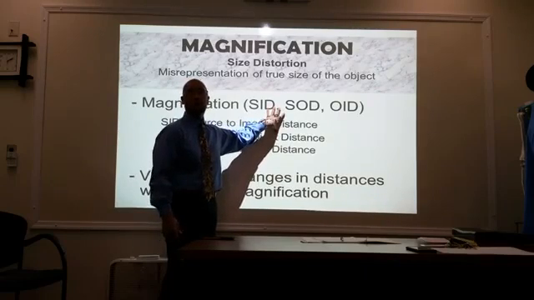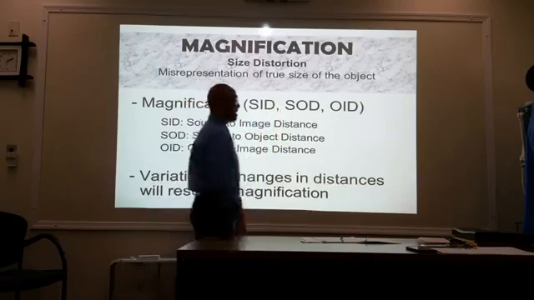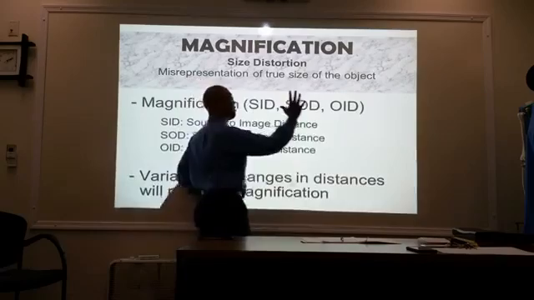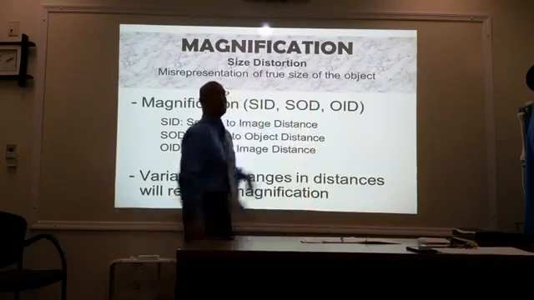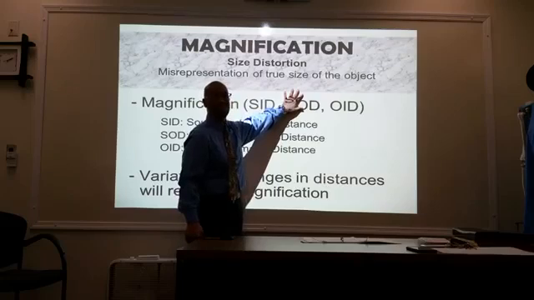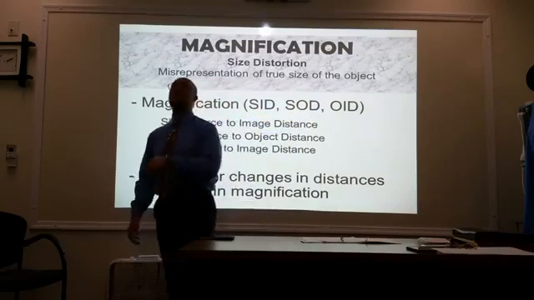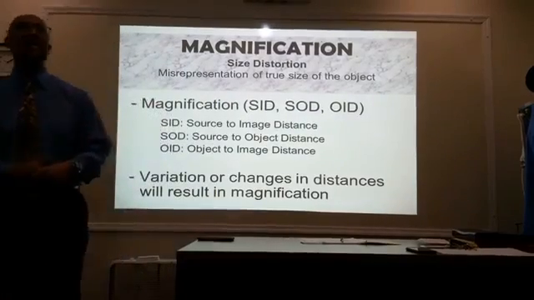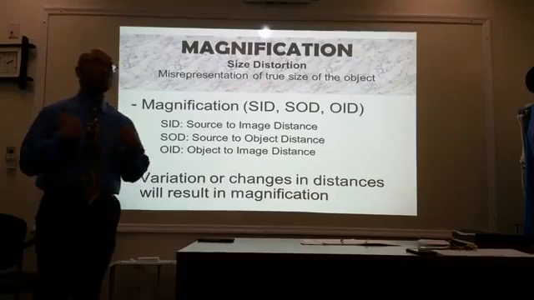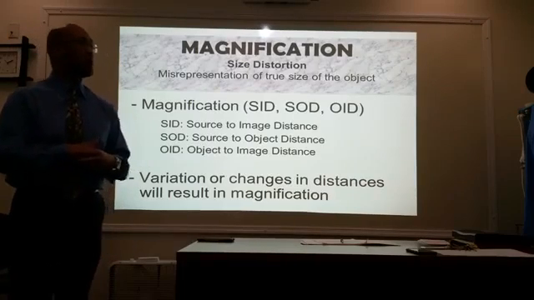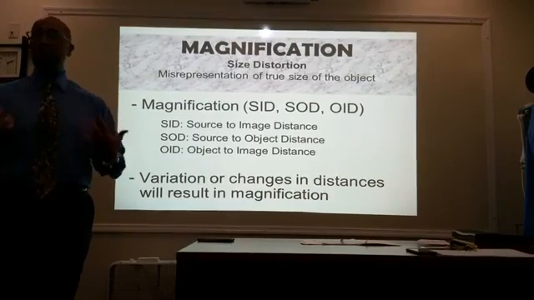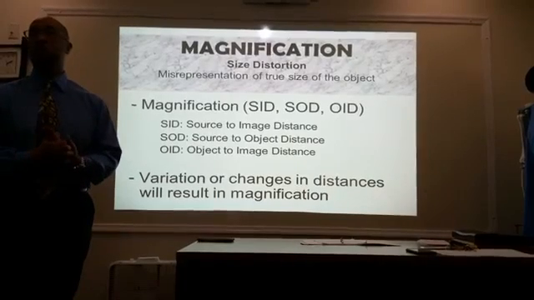Where's my heart? In my chest. Can I get my chest up on the board? Can I get my heart on the board? Because we want to get as close as possible to the image receptor with no magnification. So what I'm telling you here is, no matter how I take an X-ray of my heart, it's always going to be magnified. And this is something that we need to know and the doctors need to know so that we can account for those variations in the location of your structures.